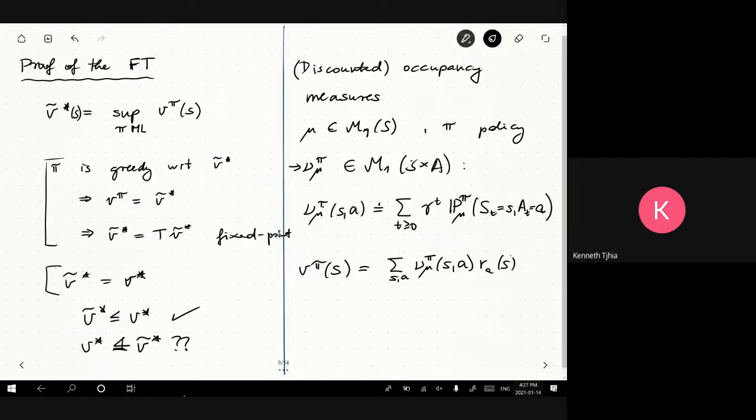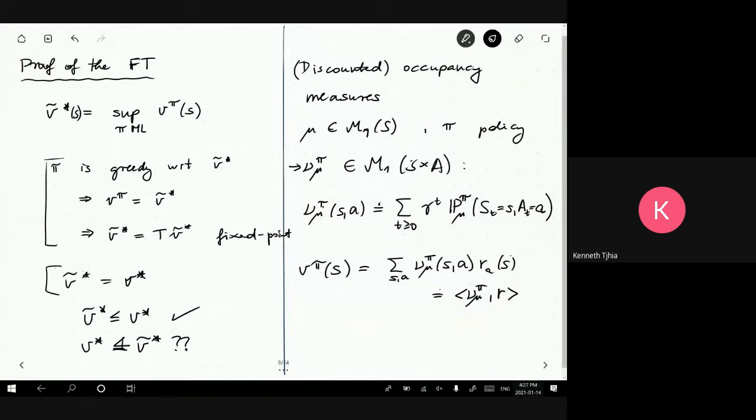By the way, another abuse of notation, I'm just going to write this as the inner product between nu of mu of pi and R, where R is viewed as a vector in this SA dimensional space. Just the definition of the inner product.